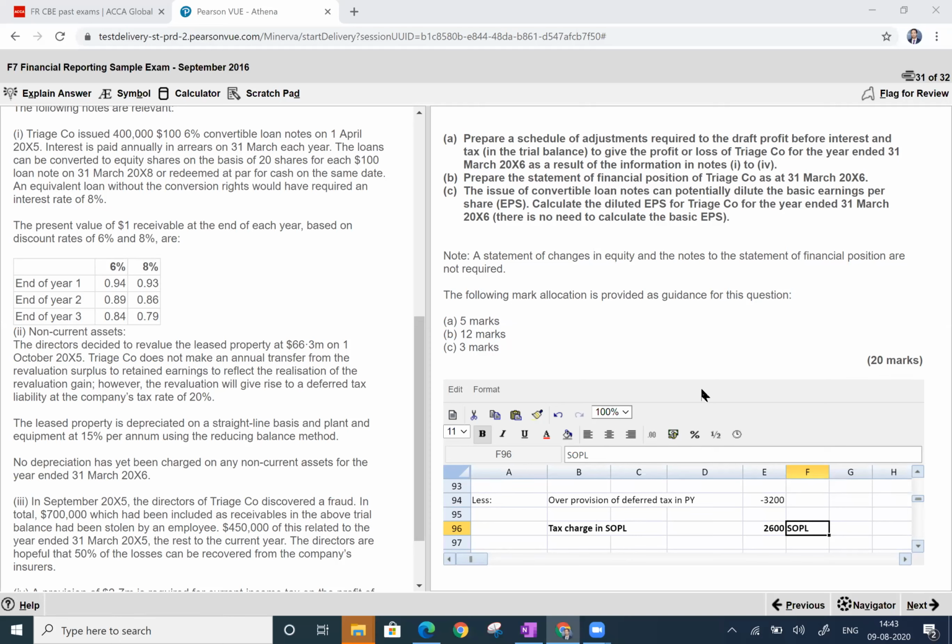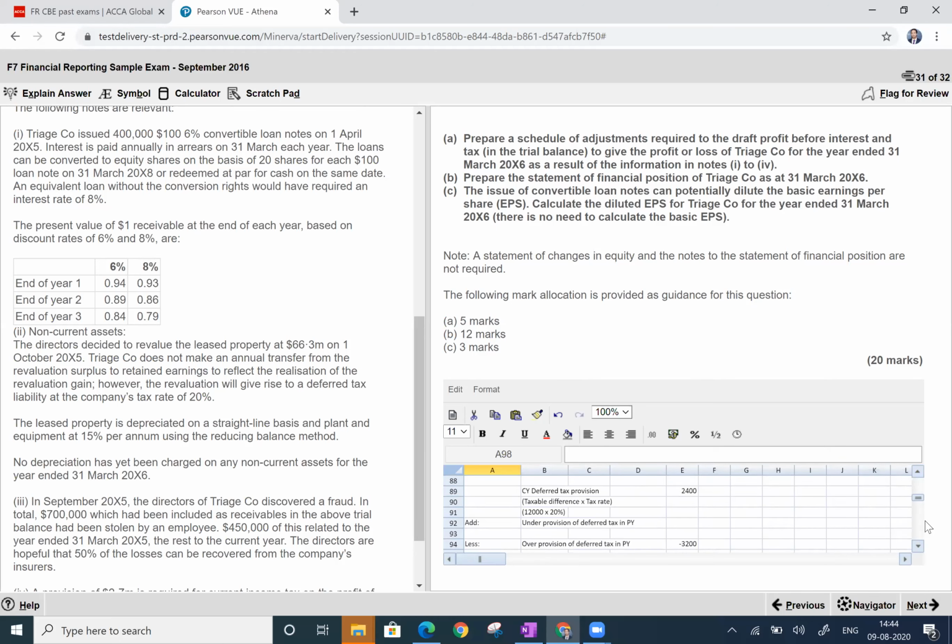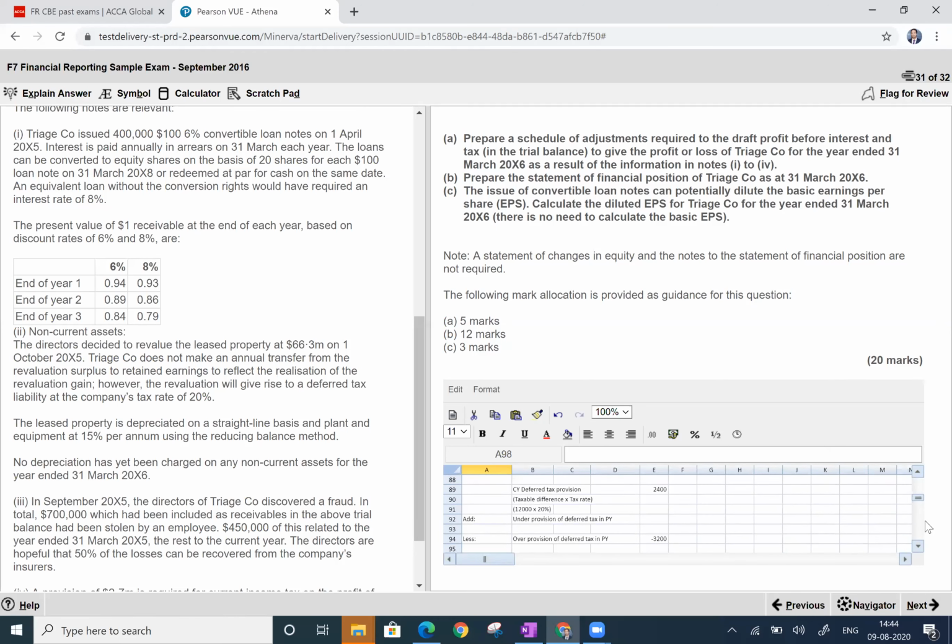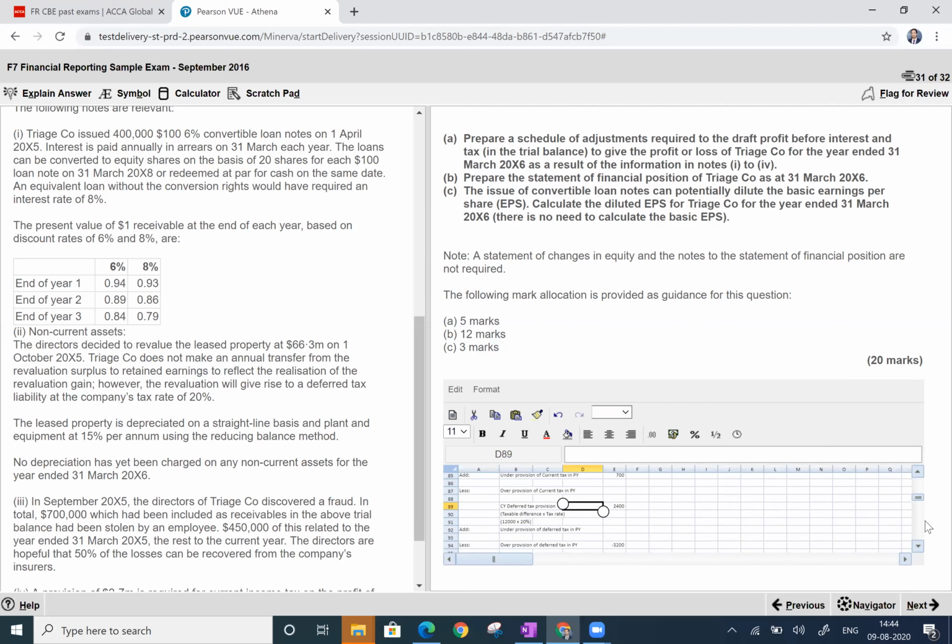So now let's prepare the first part. Preparing the adjustments required to draft SOPL. This one is a calculation, 700.